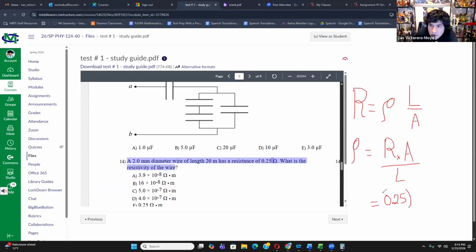0.25 times the area: pi times the radius squared, the diameter is 2 times 10 to the negative 3, so the area is pi times 1 times 10 to the negative 6, divided by the length, which is 20.